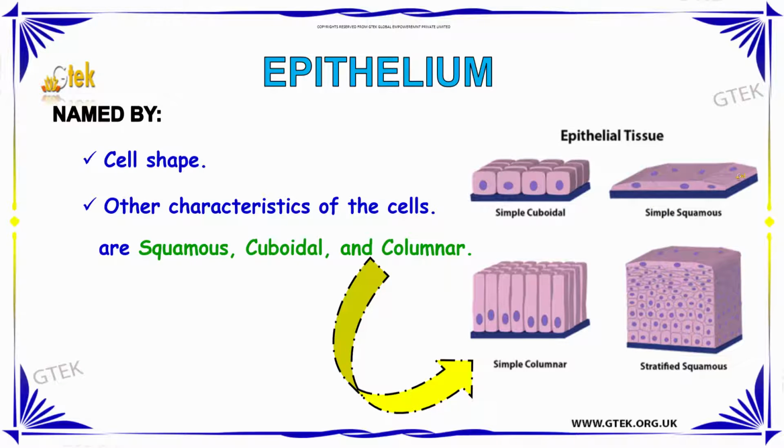Here the cells look like squares, so it's called simple squamous. And here the cells are arranged in columns, so it is called simple columnar. Here these cells look like squares, but they are not arranged in a single layer, so it is called stratified squamous.